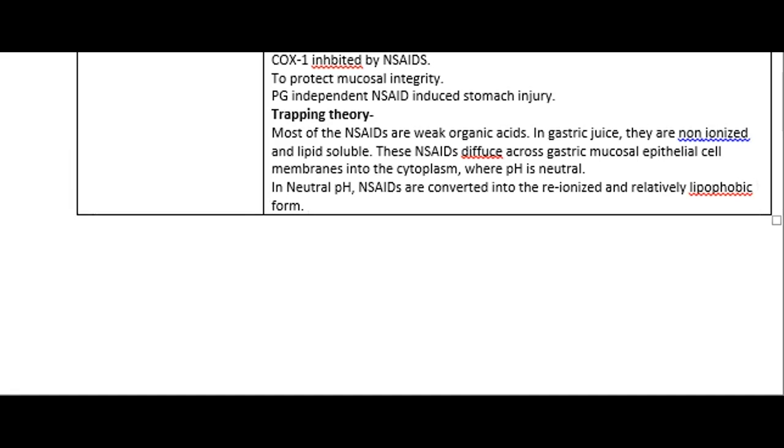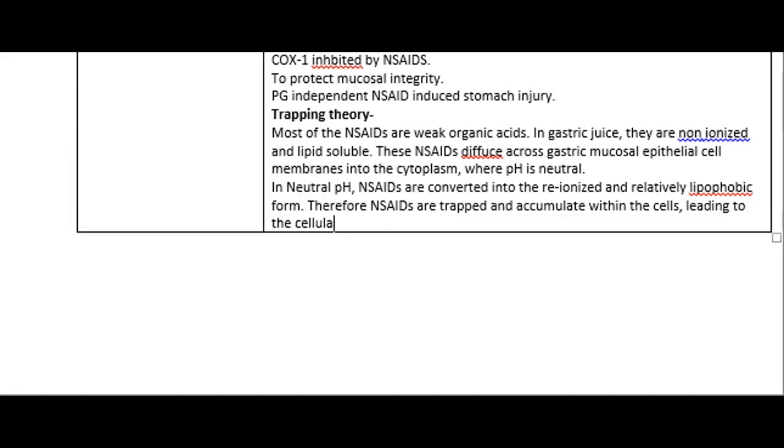As these NSAIDs are converted into the lipophobic form, they can't escape out again, and therefore these NSAIDs are trapped and accumulated within the cells, leading to cellular injury.